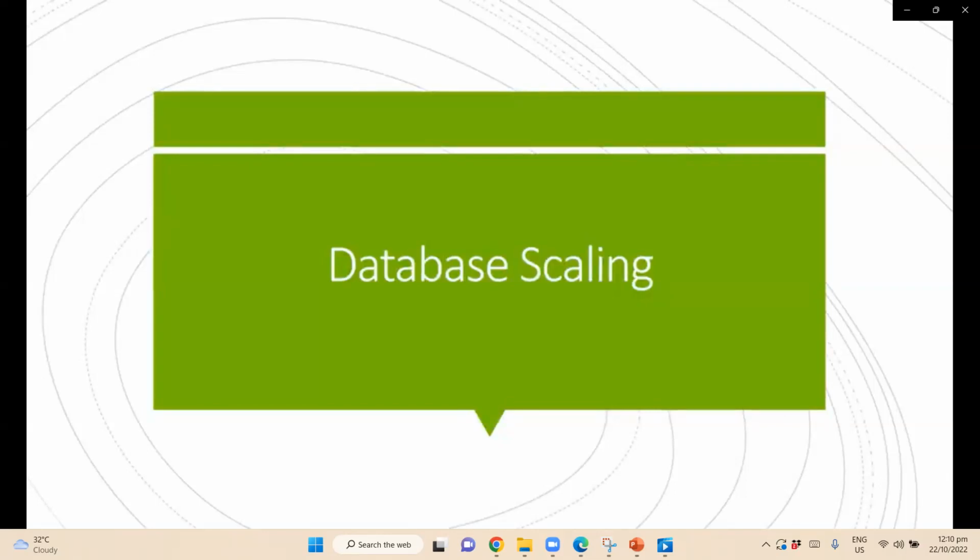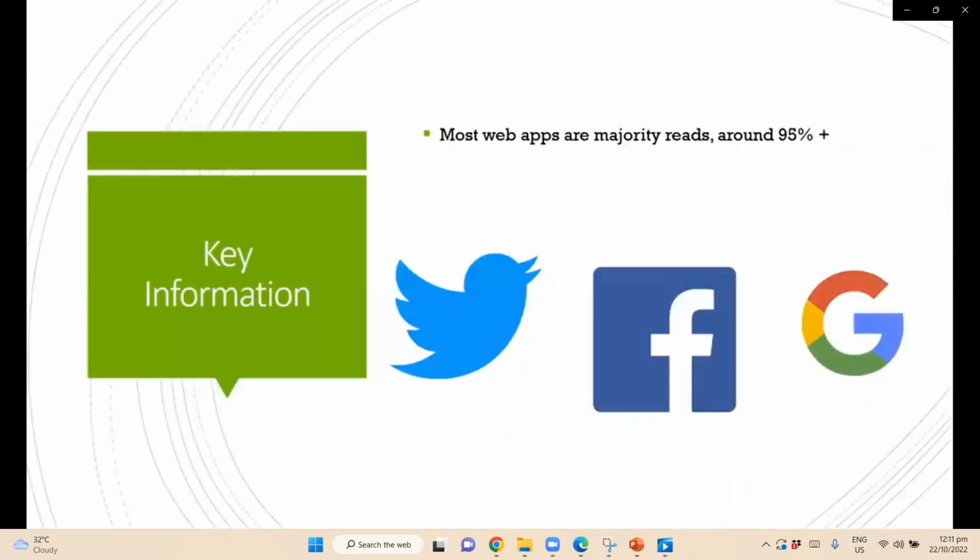So what I'm going to be going over is some basic and the simplest ways to improve database performance, and then some more complicated stuff like replication and partitioning.